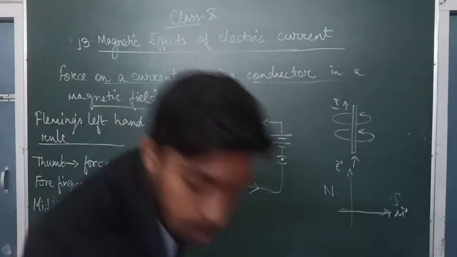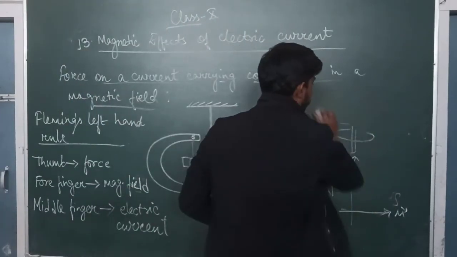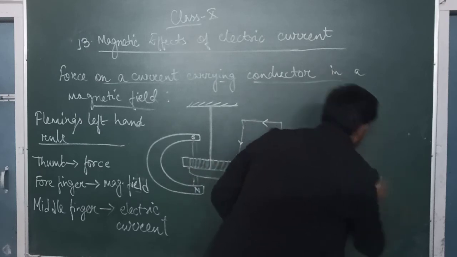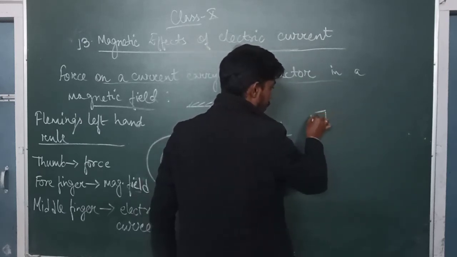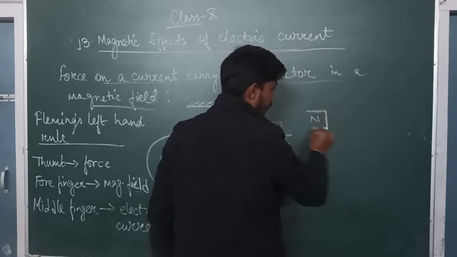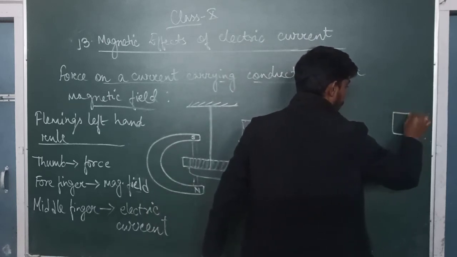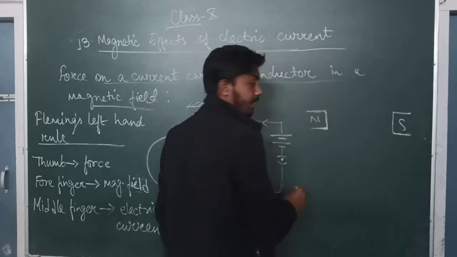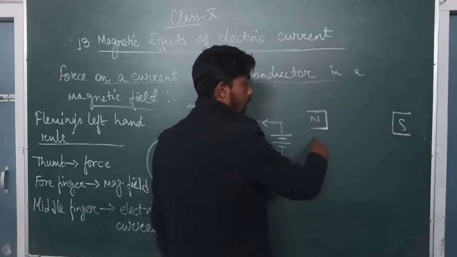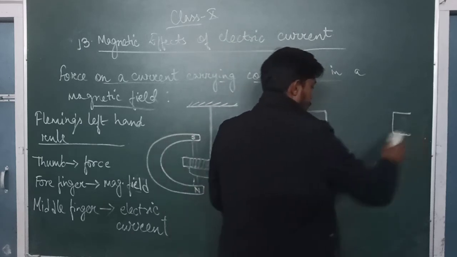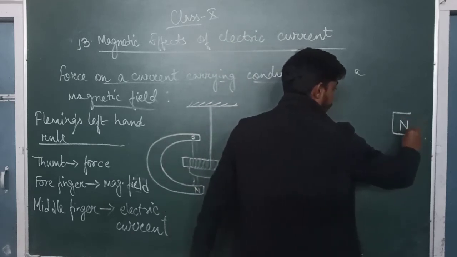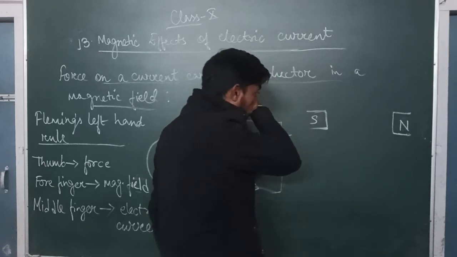Just giving one more example. If I have a magnet, and here is the north pole and here is the south pole, that means the magnetic field is going from north to south. Or we can interchange this: we can take the north pole here and the south pole here.